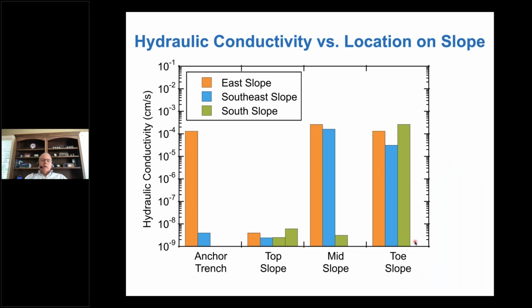Let's look at the hydraulic conductivity. Well, we got highly variable conditions. A new GCL should be about 3 times 10 to the minus 9 centimeters per second. In the anchor trench, 2 samples, very different results. One sample, almost 10 to the minus 4 centimeters per second. One almost like it was brand new, right?